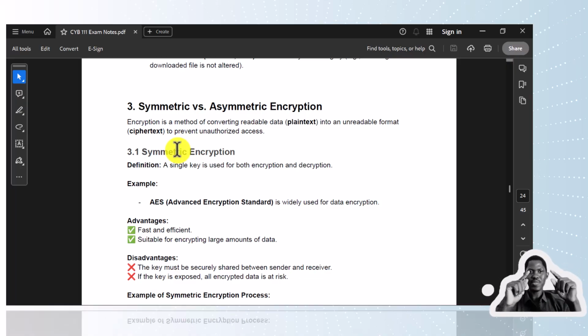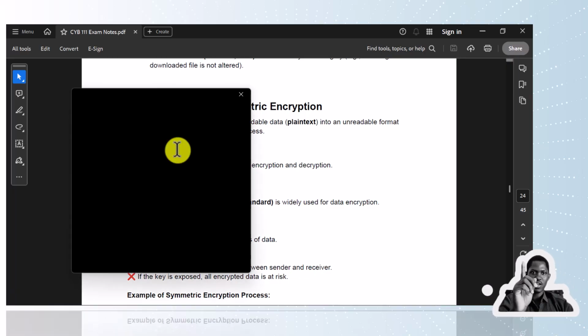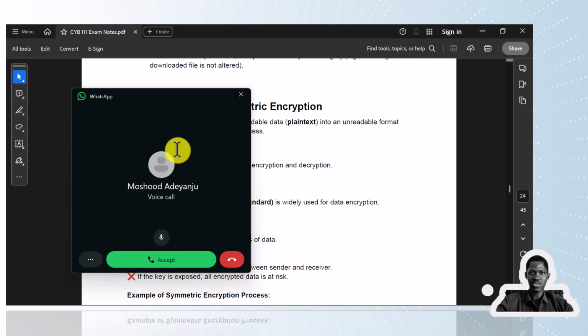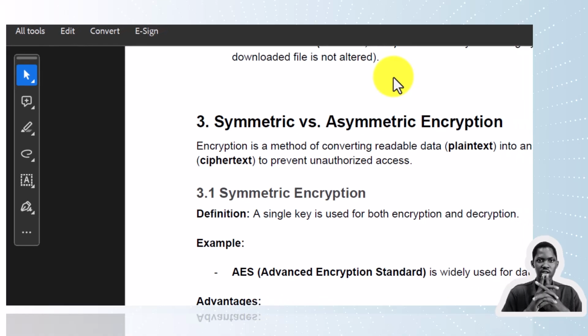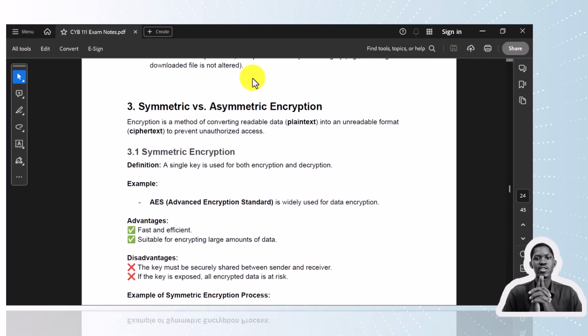So for symmetric encryption, a single key is used for both encryption and decryption, which means you use the same key to turn your data from readable to unreadable format, and the same key to turn it from unreadable back to readable format.